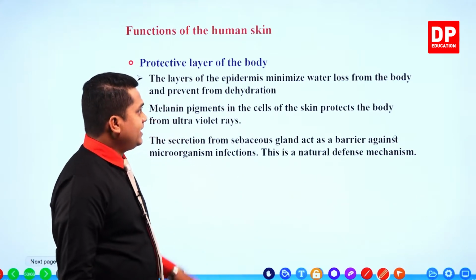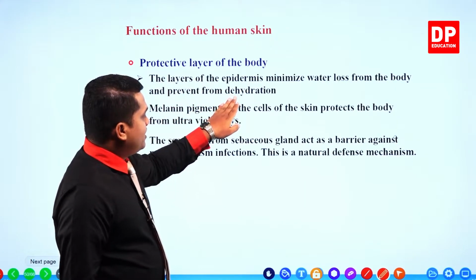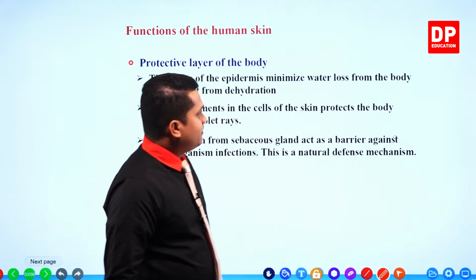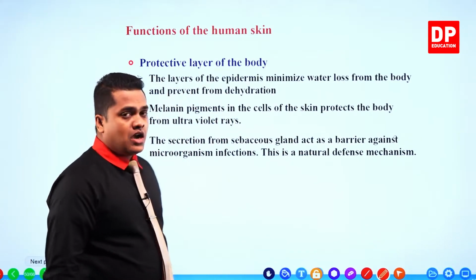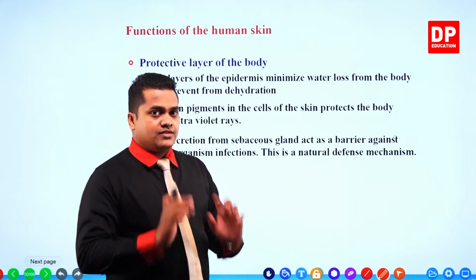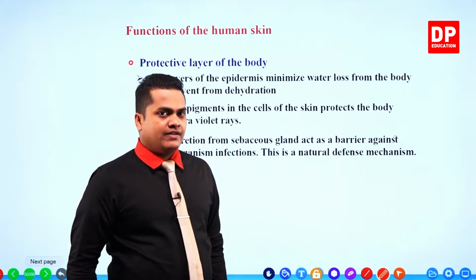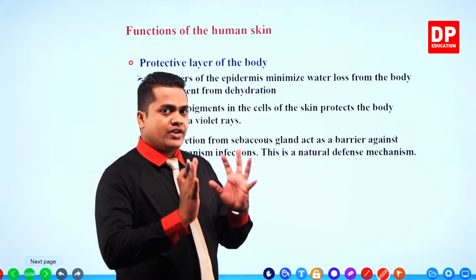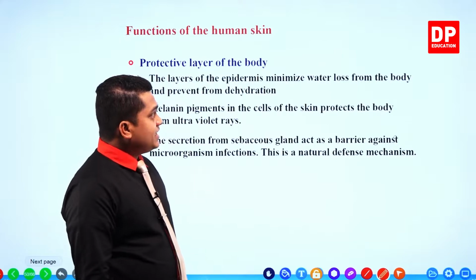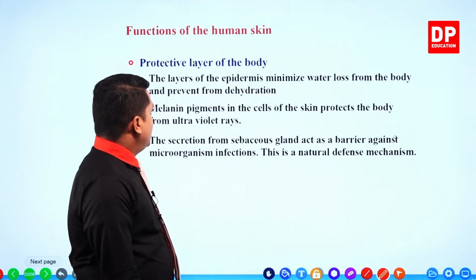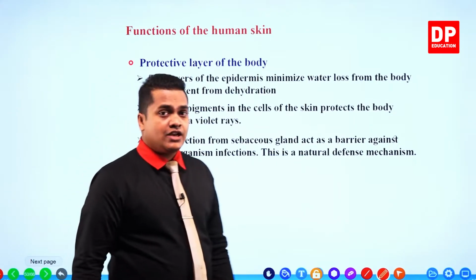Here it is given that the layers of the epidermis minimize water loss from the body and prevent dehydration. This is a special point given here. The layers of the epidermis minimize water loss from the body and prevent dehydration.